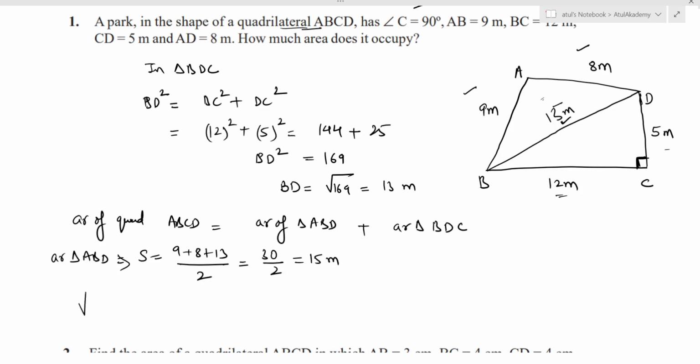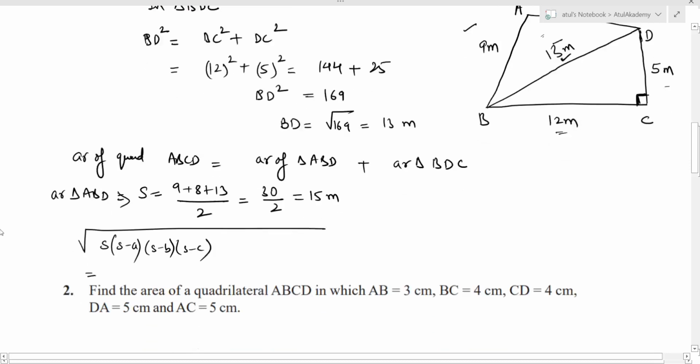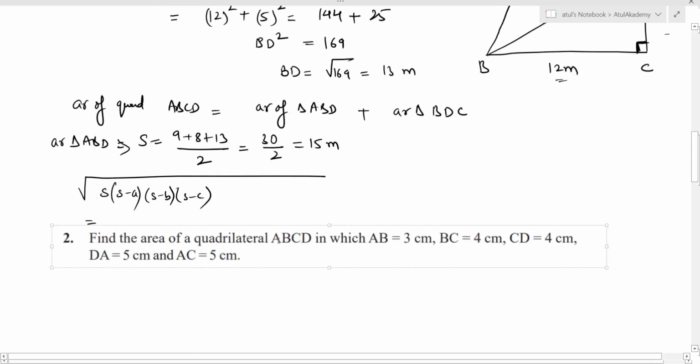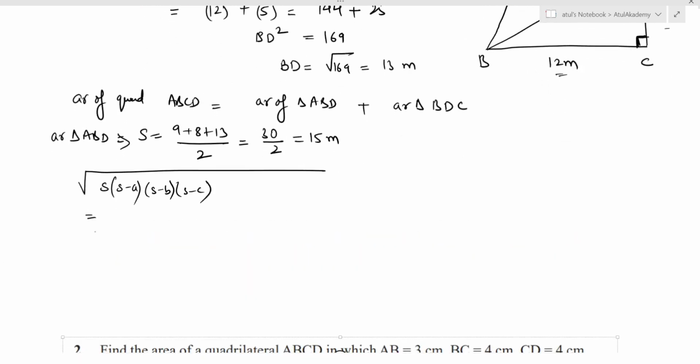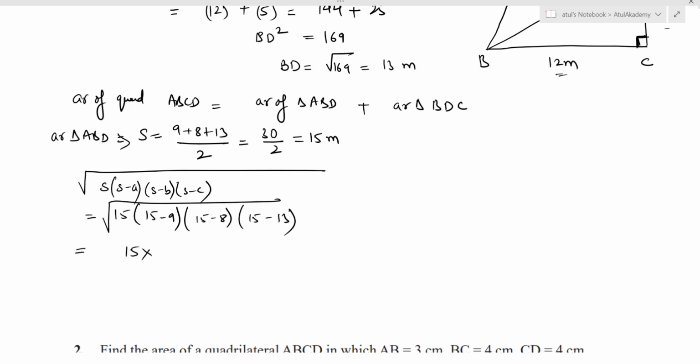Okay. So let's calculate the area using S minus A, S minus B, S minus C. So how much will it be? Let me calculate it. Let's keep this question down because we need more space for this. So that's 15. 15 minus 9, 15 minus 8, 15 minus 13. So 15 into 15 minus 9 is 6, 7, that's 2.